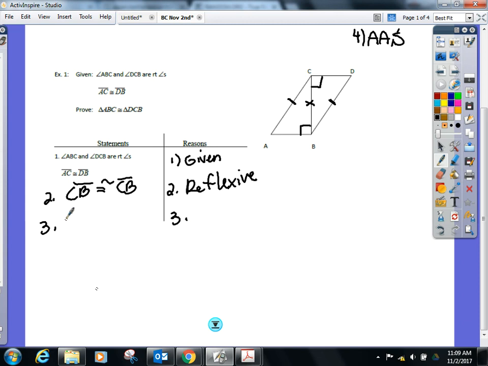So I need to say triangle ABC and triangle DCB are right triangles.